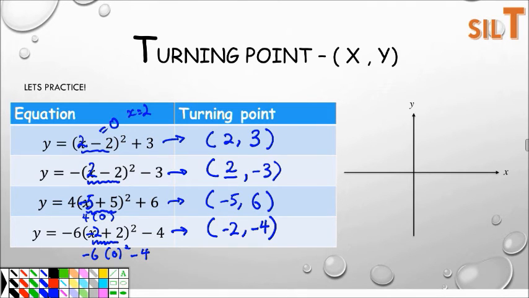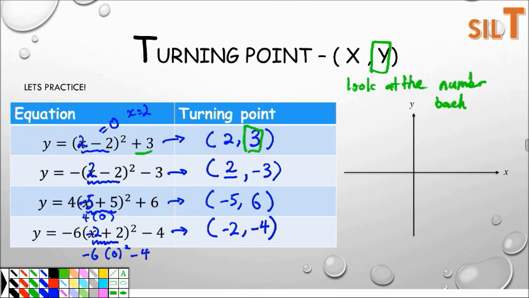The pattern is, to find the y coordinate, I just look at the number at the back. So if this is a plus 3, this will be a plus 3. If this is a negative 3, then this will be a negative 3. Similarly, for 6 and negative 4.